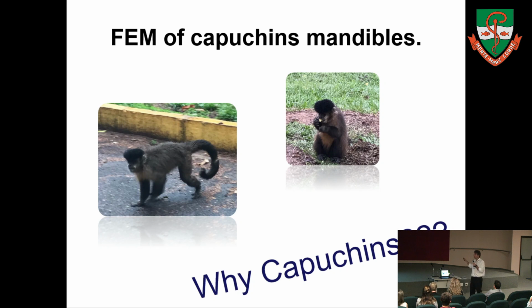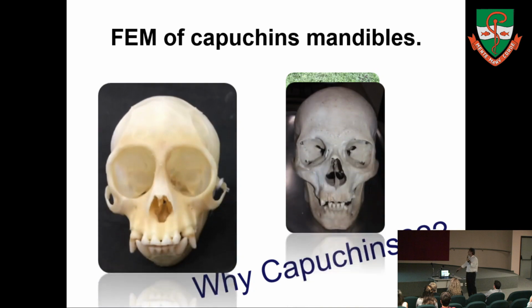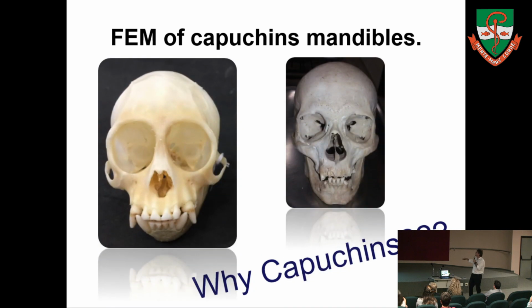But that's why we try to understand the Cebus mandible now. And here we have both models, the skull of Cebus and the skull of humans, and we can see they are not similar, but their behavior is very close to one another.